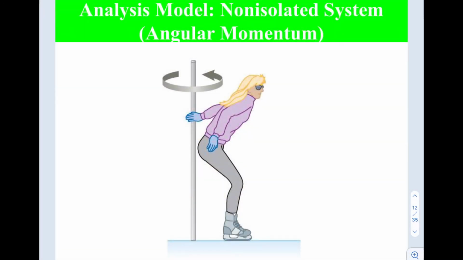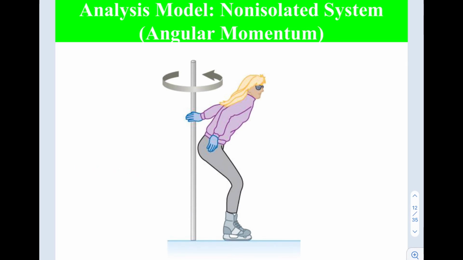Analysis model, non-isolated system, where we're going to focus on angular momentum. Right, take a look at this diagram. Imagine a rigid pole sticking up through the ice on a frozen pond, as shown here.